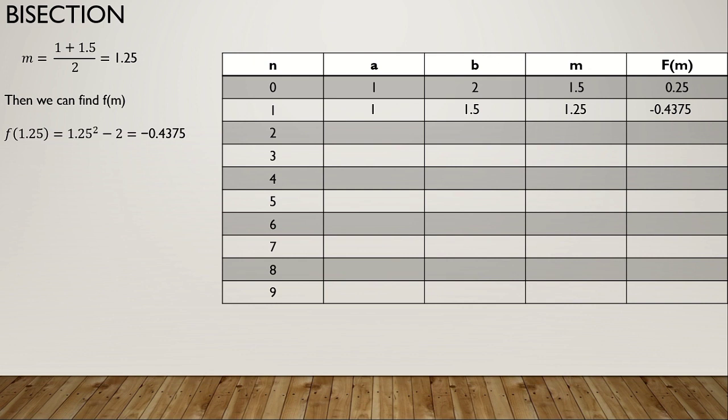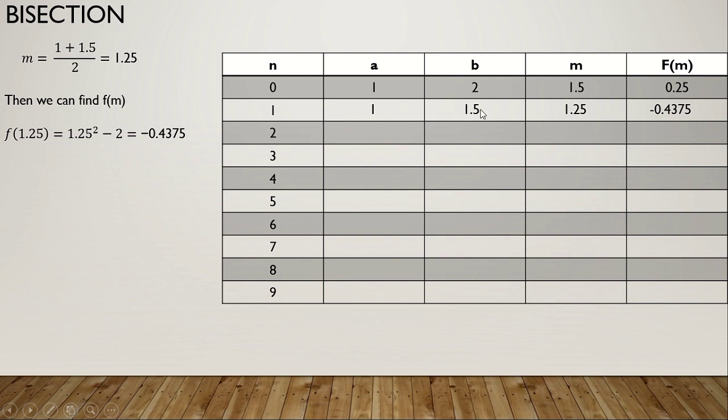Notice that we've cut down from 2 to 1.5, because here we have our midpoint, which is 1.25, right? So if our b is 1.5, then we can say that our new interval is 1, 1.5.